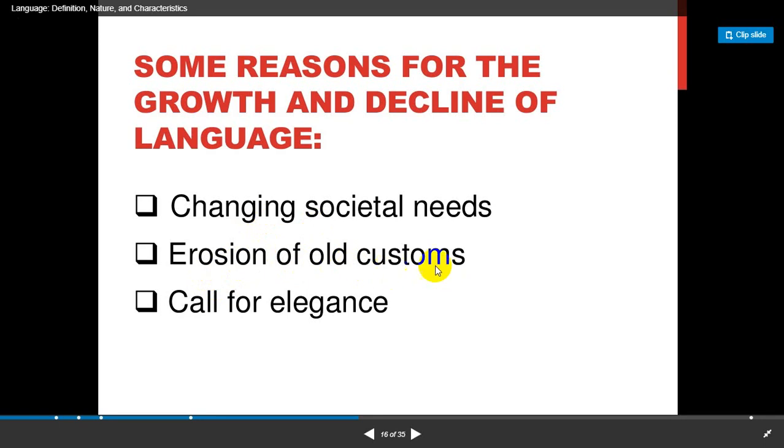Yes, because some old customs are deleted, are obliterated, and then new customs happen, and then they bring about new words as well.